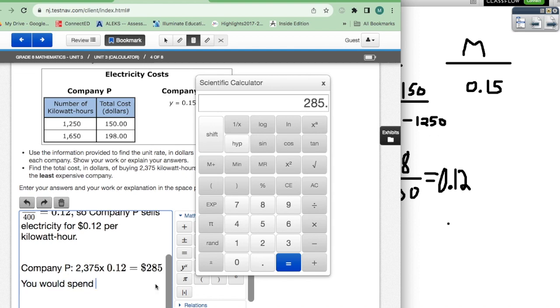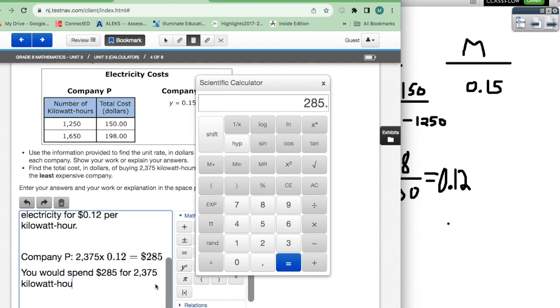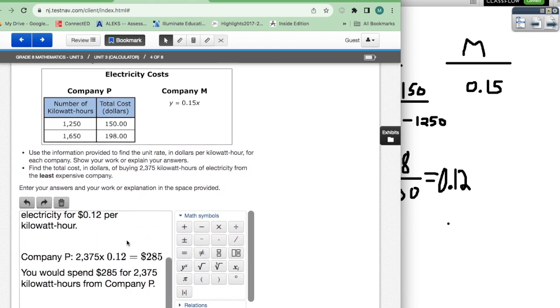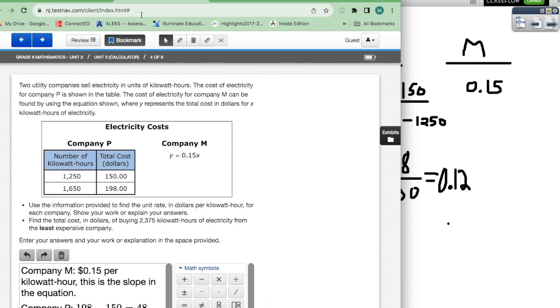You would spend $285 for 2,375 kilowatt hours from company P. All right, a lot to that. Definitely a lot to that, but this is all about slope. Really cool.